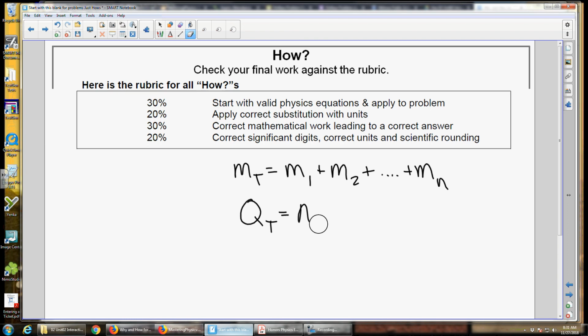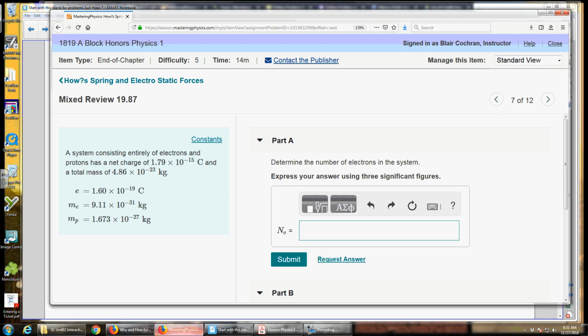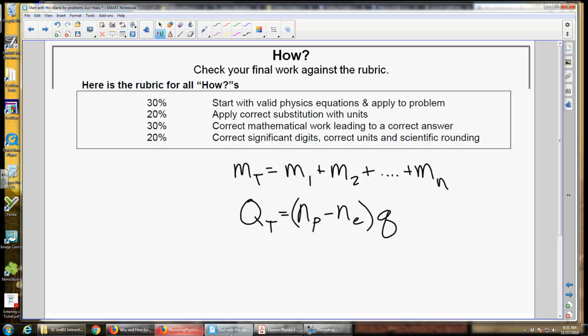Actually, we could say number of protons minus the number of electrons times the amount of charge that each one of them carries, right?